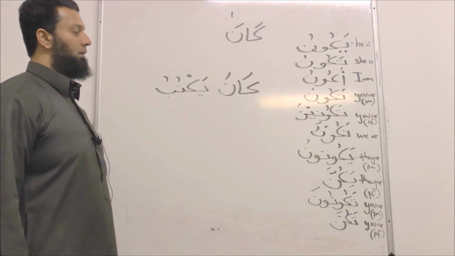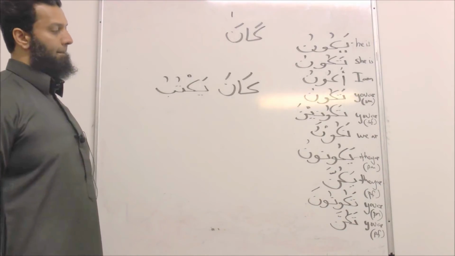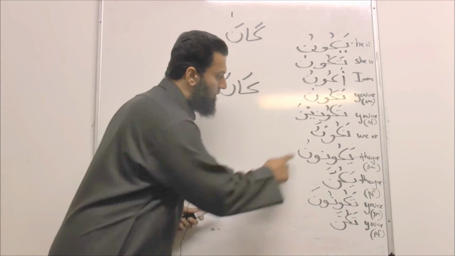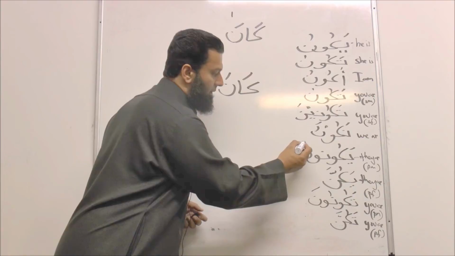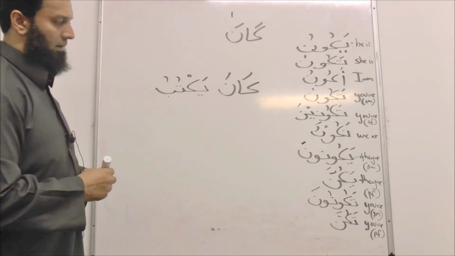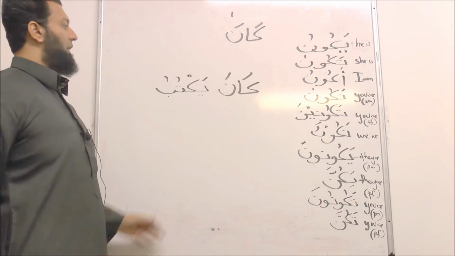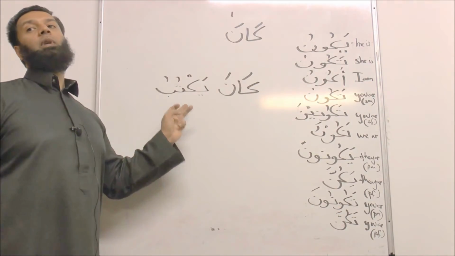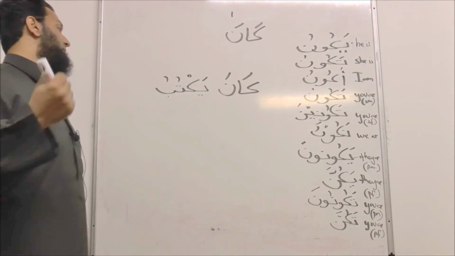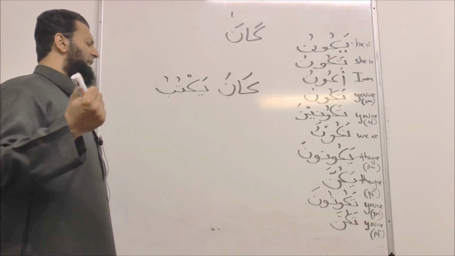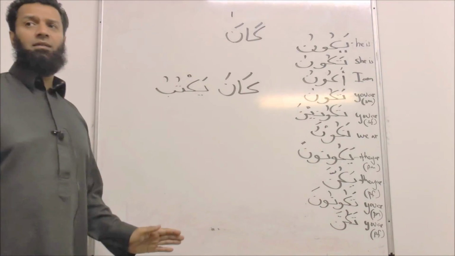Now, so that he is writing. Yeah, because Kaana is past and present. That should be yakununa, takununa. Those are all with a fatha. Right. So yaktubu is he is writing. He is writing, present tense.